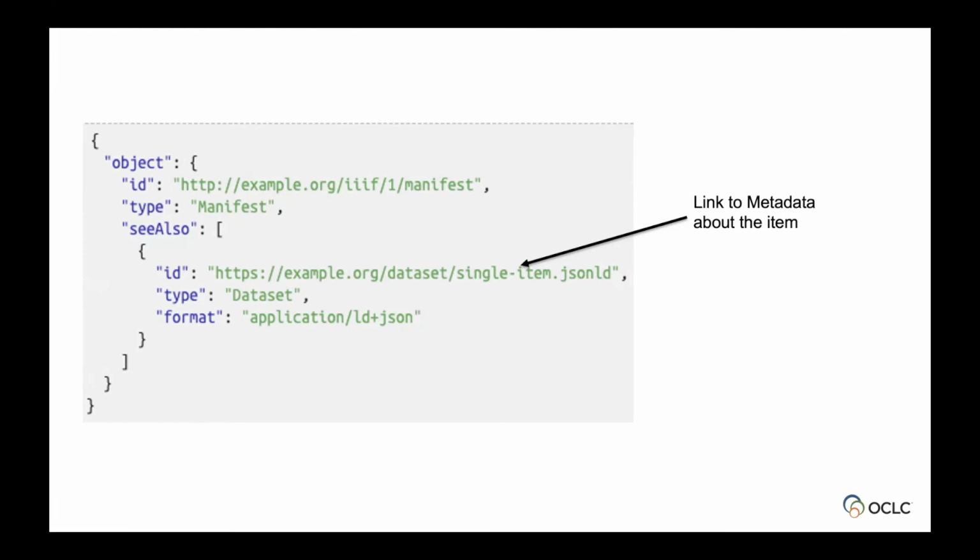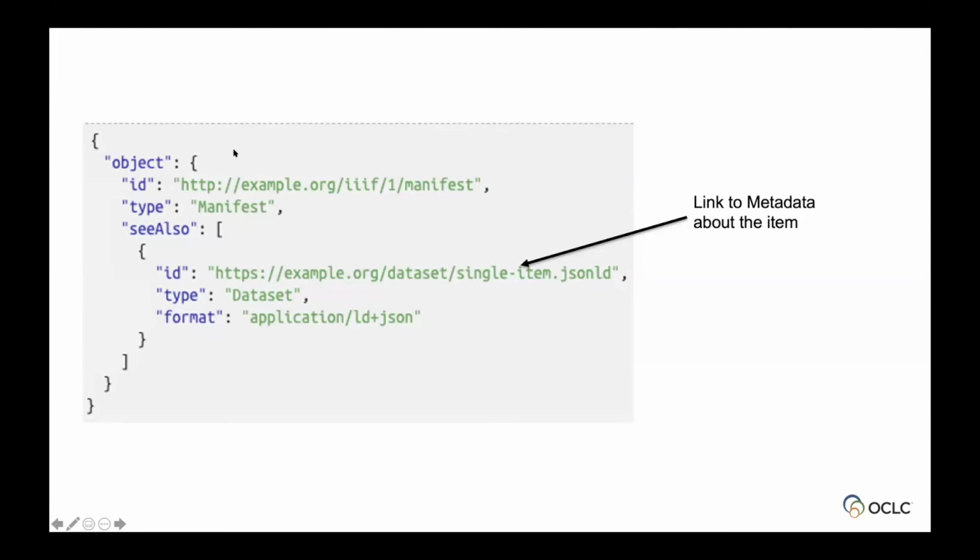So it can either update the metadata or create a new record in a database based on something having been created. So within the object that's nested within an activity, you can use this see also, which links you out to the metadata associated with this manifest. So as opposed to the crawler having to go to this manifest and then find the metadata, it can just get it directly from the activity stream.